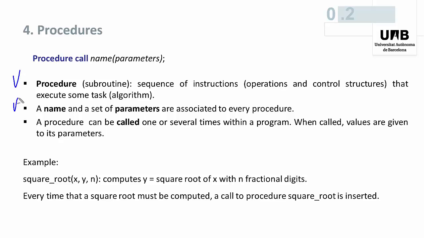Then a name and a set of parameters are associated to every procedure, and procedures can be called one or several times within the main program, and when called, values are given to its parameters. Let us see an example.